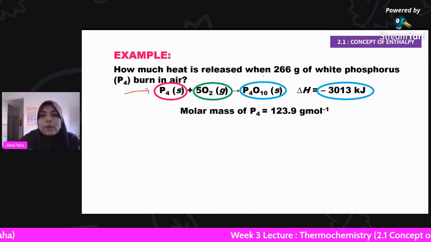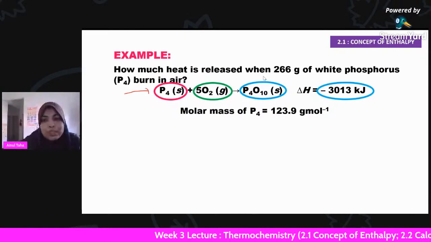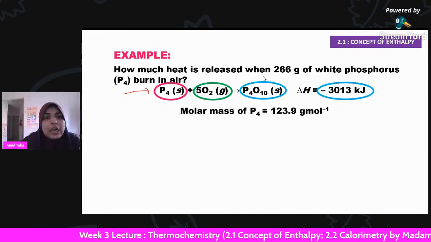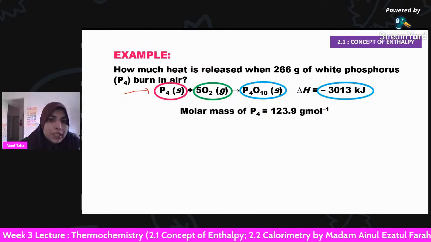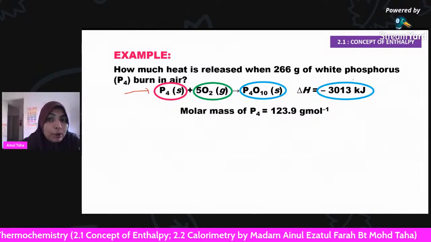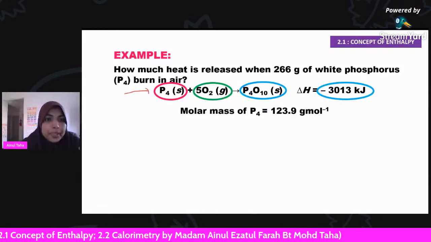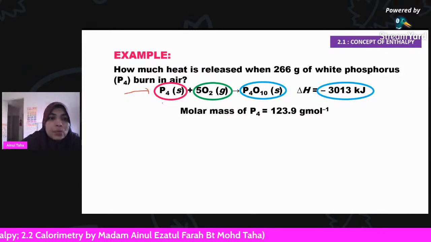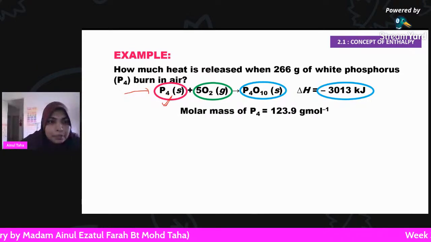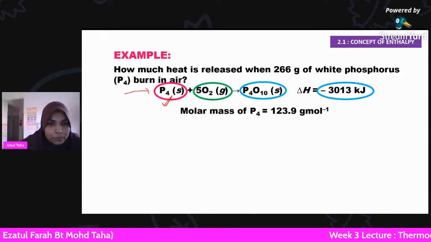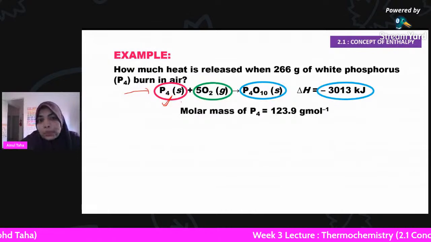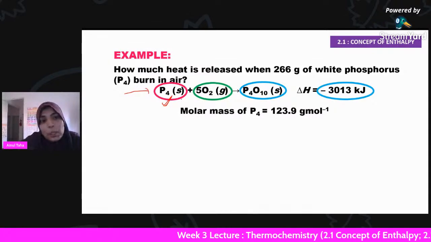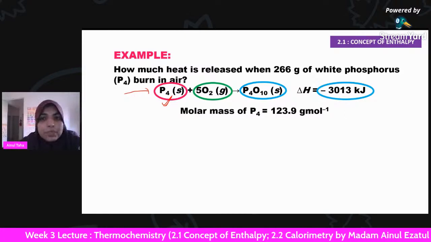Okay, so for this question, the question said how much heat is released when 266 grams of white phosphorus burn in air. It means we need to find out about P4. Based on here, 1 mole of P4 is equivalent to negative 3013 kilojoule.